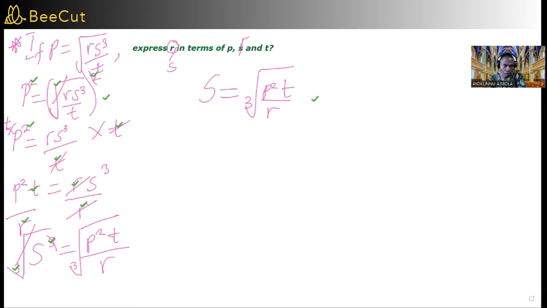The first one is to make Q the subject of the formula if P equals M over 5 into X plus Q. You have to write it.